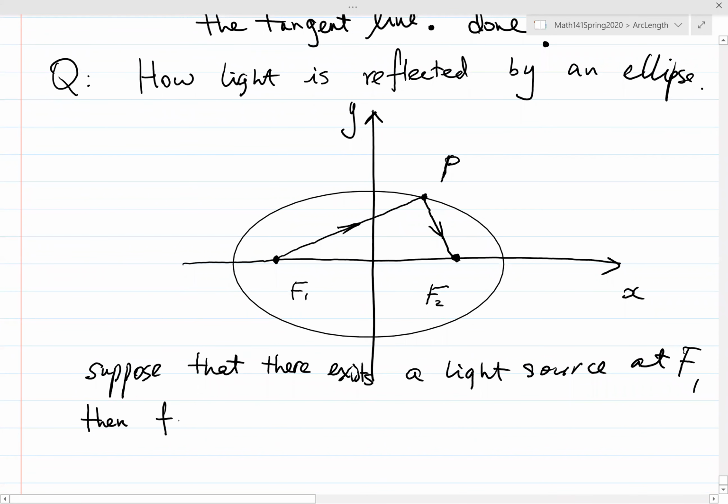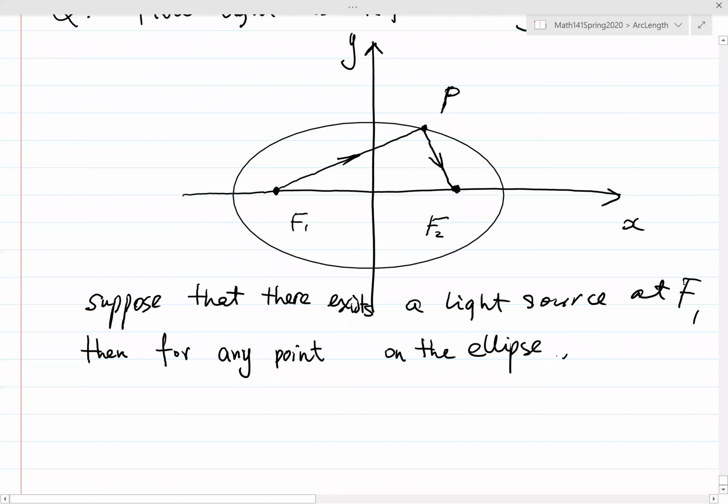Conclusion: for any point P on the ellipse, the reflected light passes through the other focus.